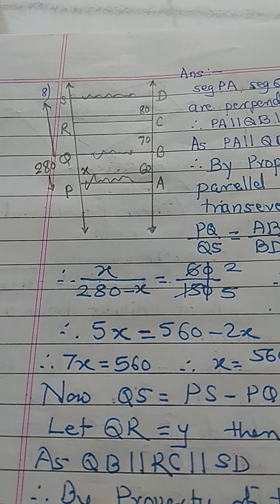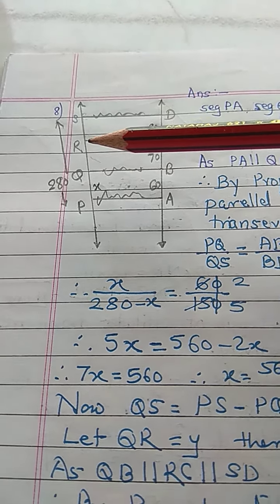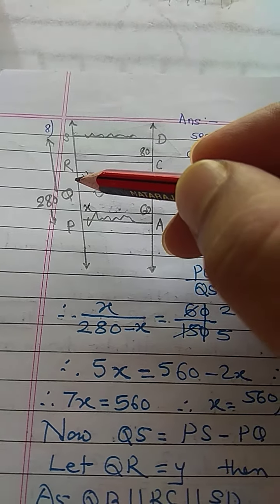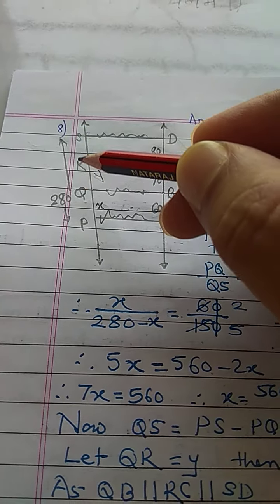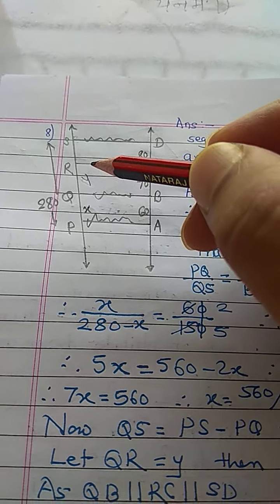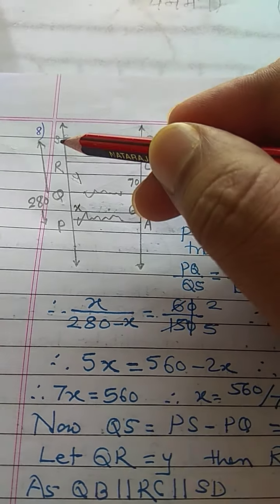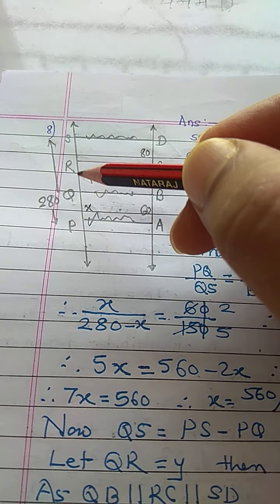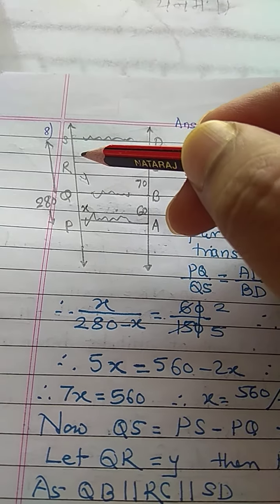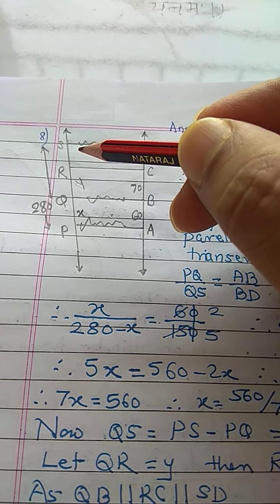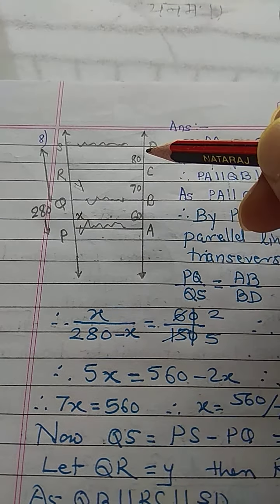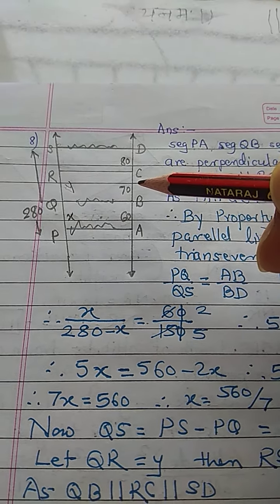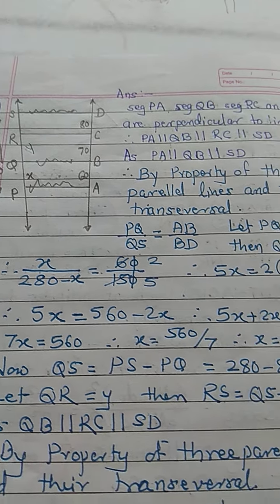This QS is 200. Now we will write QR as Y. As QS is 200, RS will be QS minus QR, that is 200 minus Y. Then by property of three parallel lines and their transversal, we can write Y upon 200 minus Y is equal to 70 upon 80.